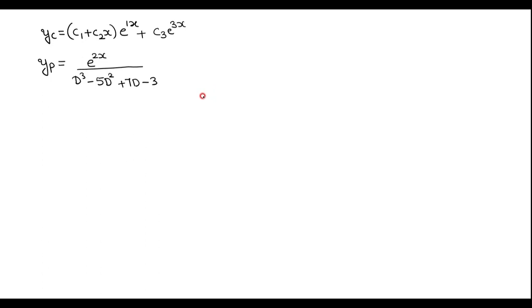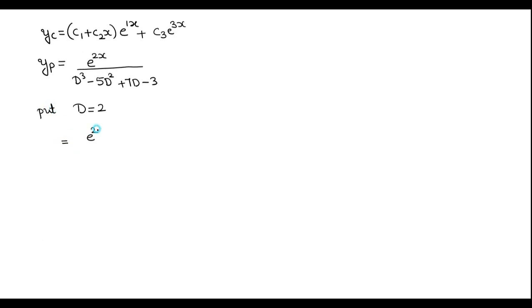Now this is called type 1 of particular integral. Here we go for substituting the value D equal to the coefficient of x in the exponential function. Here the coefficient of x in the exponential function is 2. So put D equal to 2.